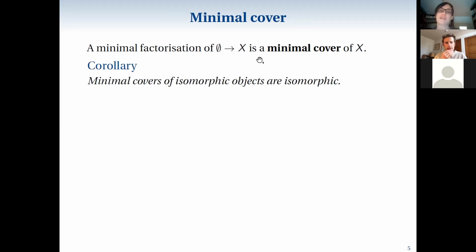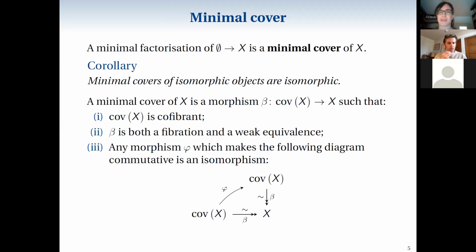Now we know that this minimal cover is an invariant, so it is unique up to isomorphism. Since we're going to talk over and over about this minimal cover, let me state more clearly what it does. It is a morphism from an object which is cofibrant, because it's receiving a cofibration from the initial object, and such that the map over my object is both a fibration and a weak equivalence.